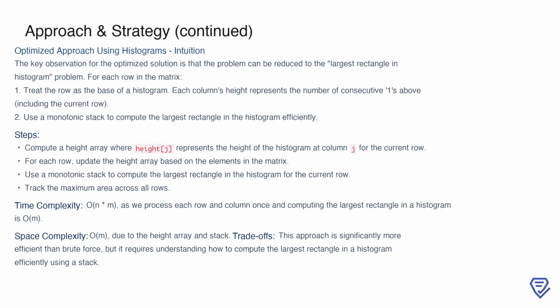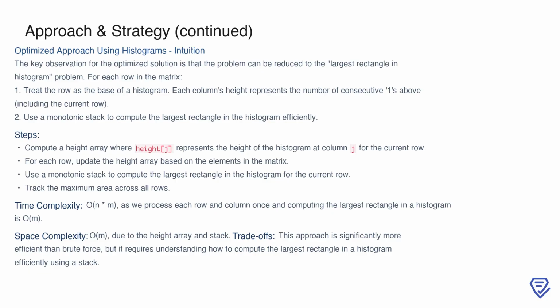As we traverse the matrix row by row, this height array is updated dynamically. Then, leveraging the stack, we compute the largest rectangle for the current histogram and keep track of the maximum area found. This method processes the matrix in linear time per row, resulting in a total time complexity of O(n*m), which is a significant improvement over brute force.